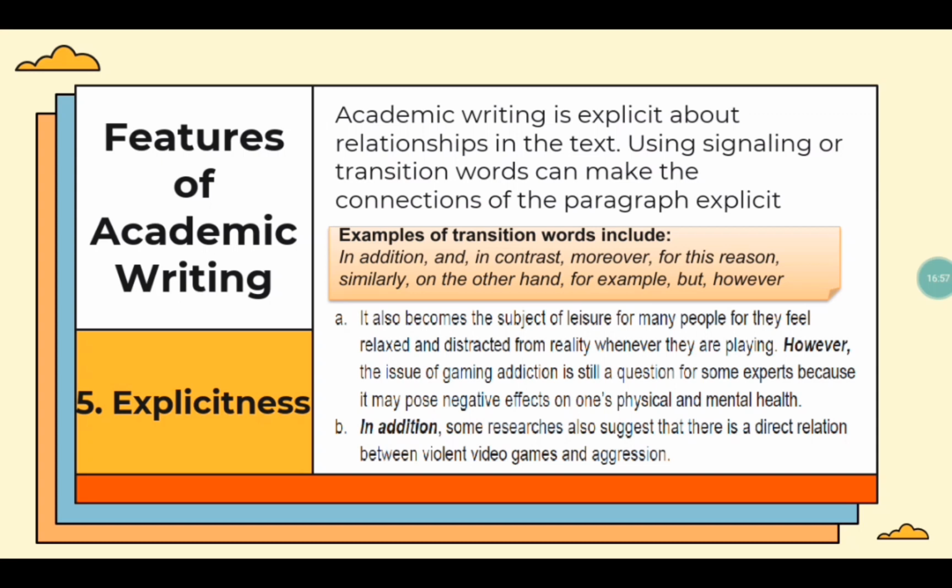So here, you contradict your first statement and you use the transition word however to emphasize it. Another example, in addition, some researchers also suggest that there is a direct relation between violent video games and aggression. So here you give more ideas, so you use the signaling word in addition.